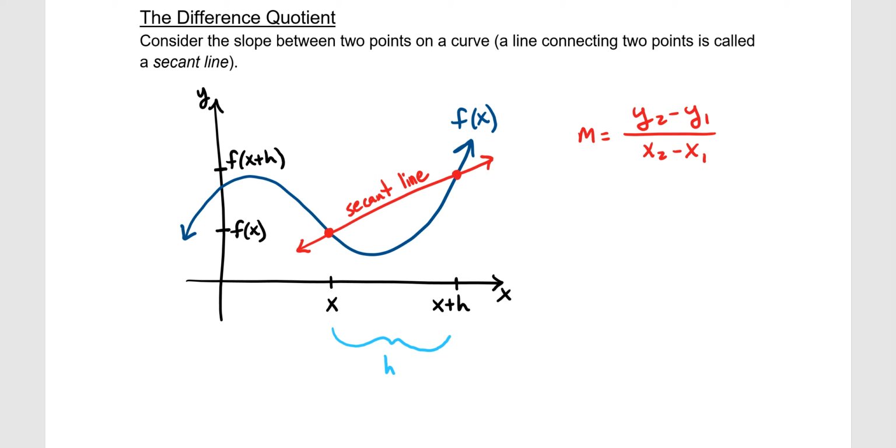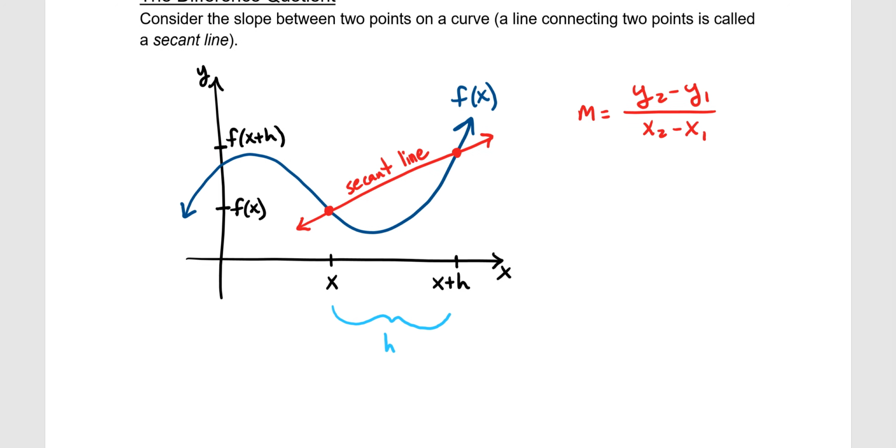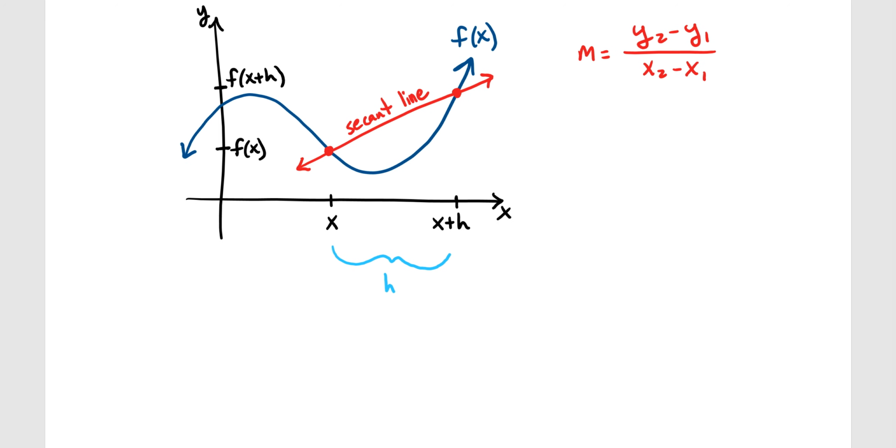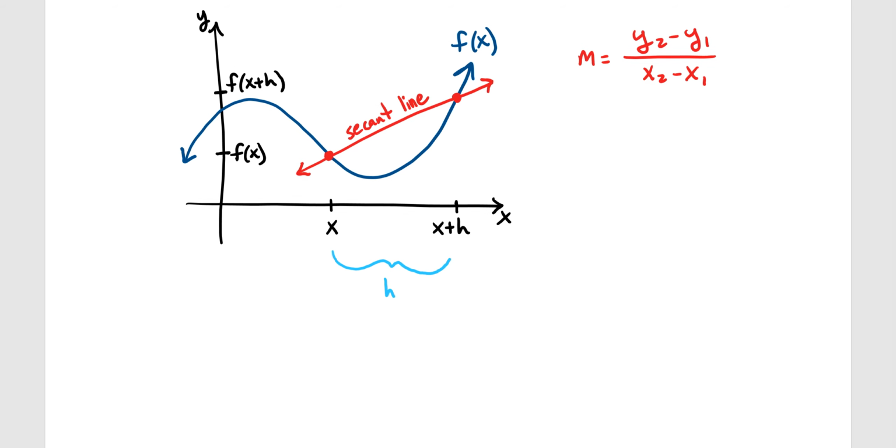All we're doing is plugging those x values into the function, and those give us the y values. So let's plug those into y2 and y1. y2 is going to be f of x plus h, and y1 is going to be f of x.